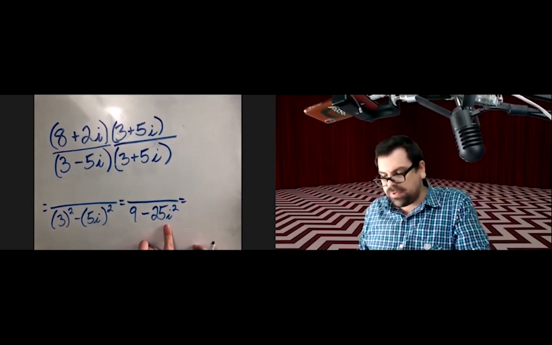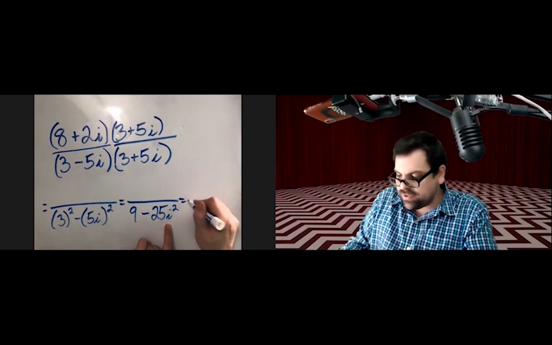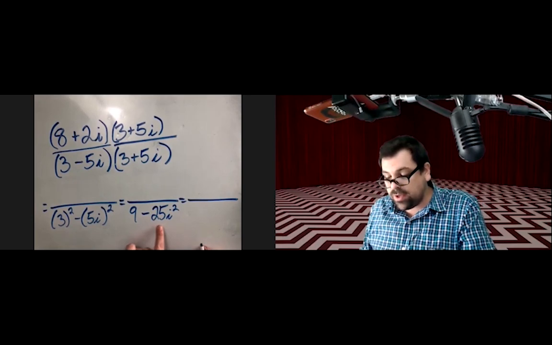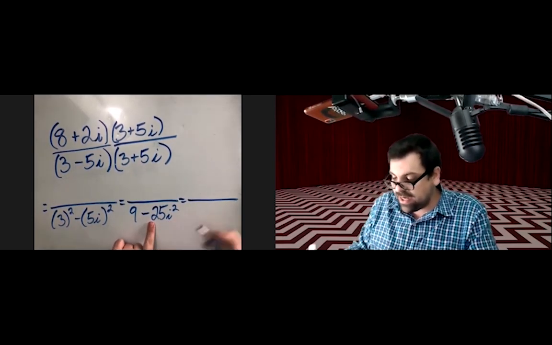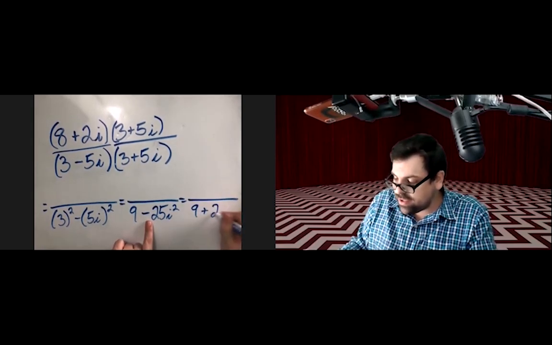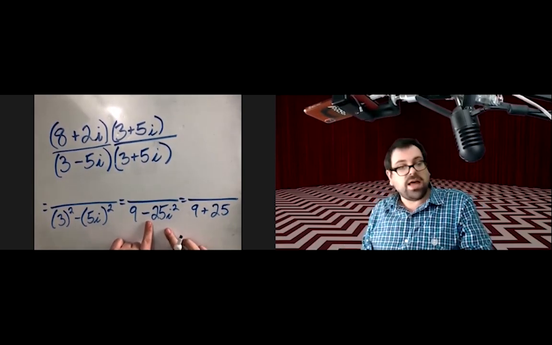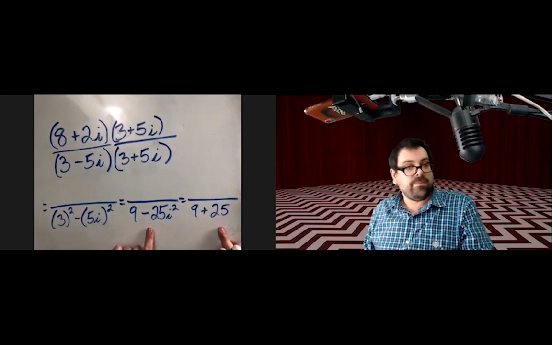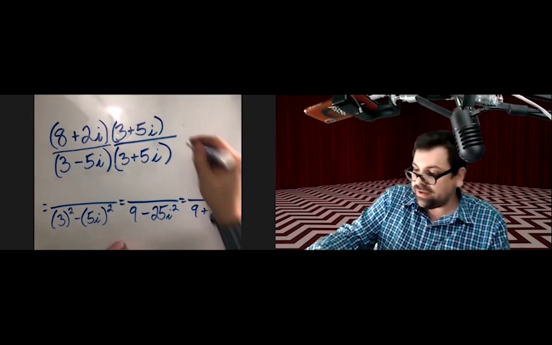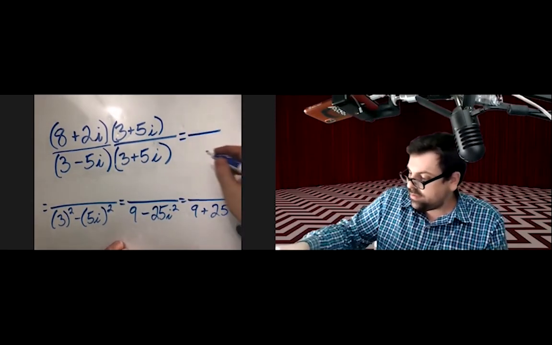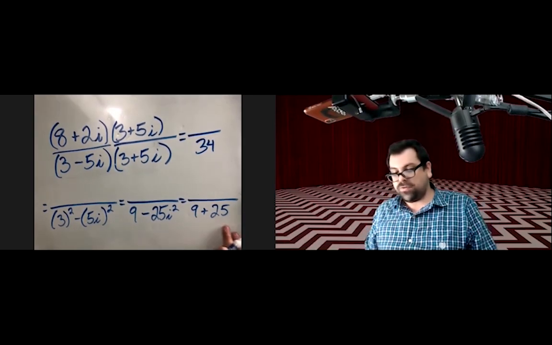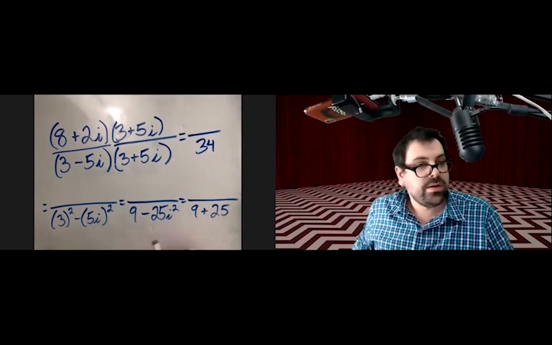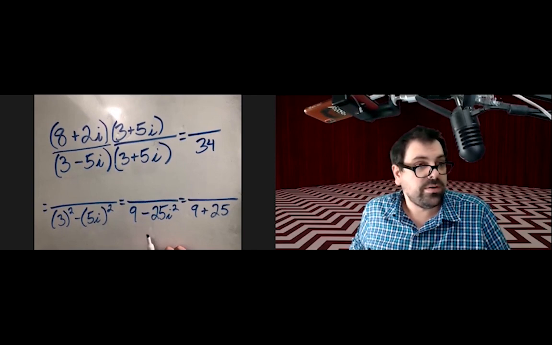And remember, multiplying by i squared is multiplying by negative 1. Minus 25 times negative 1, that's going to turn this into 9 plus 25. And 9 plus 25 is 34. So far the bottom is 34.